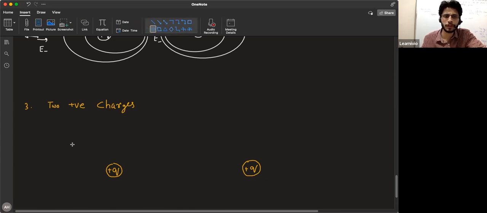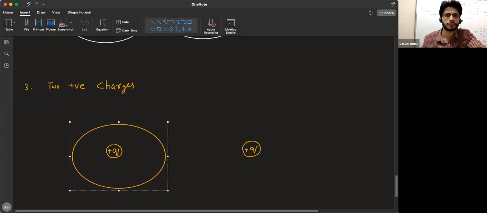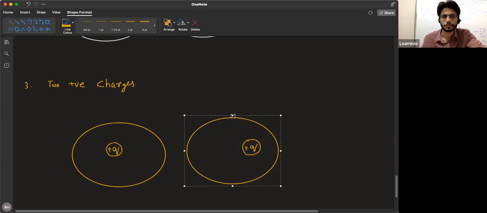It should be spherical, but due to repulsion, the shape will change. The first surface is a bit ellipsoidal, a little curved.